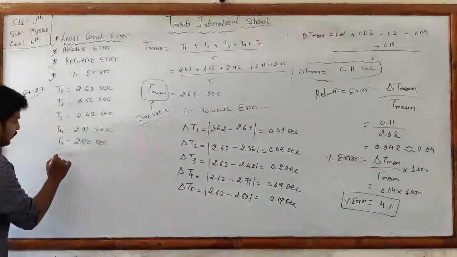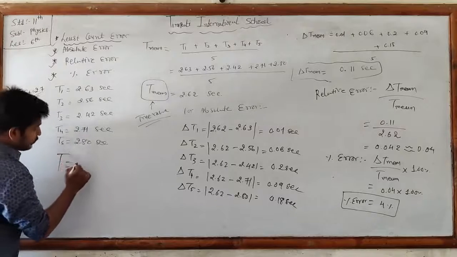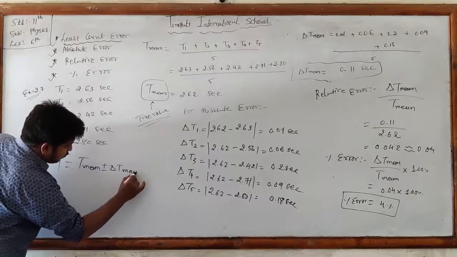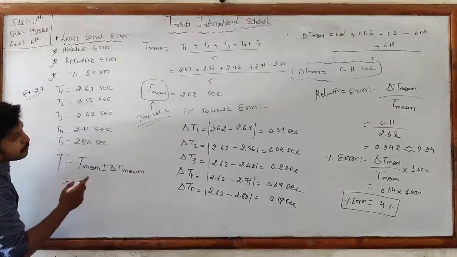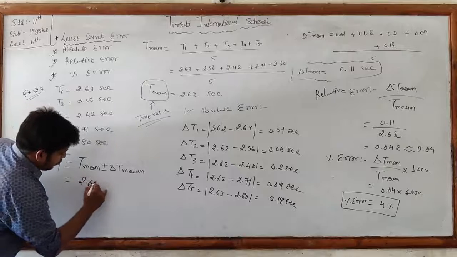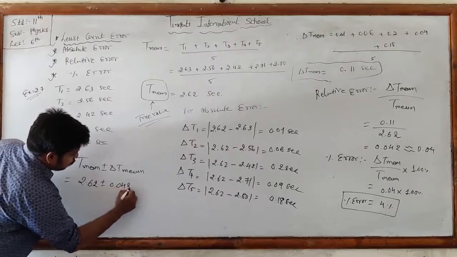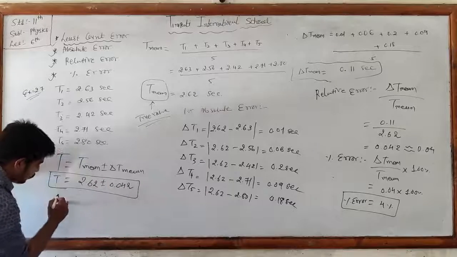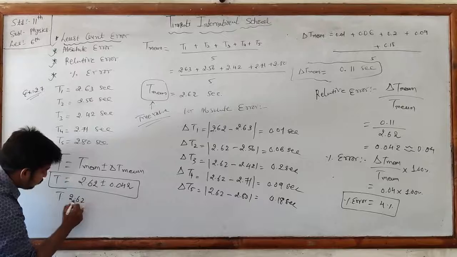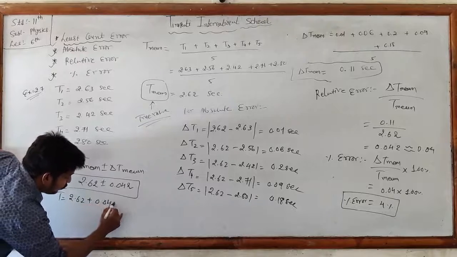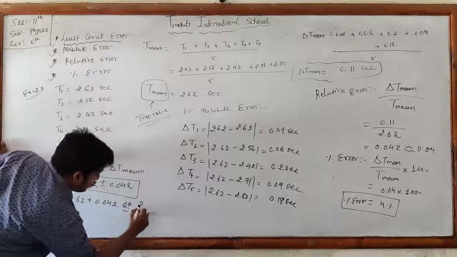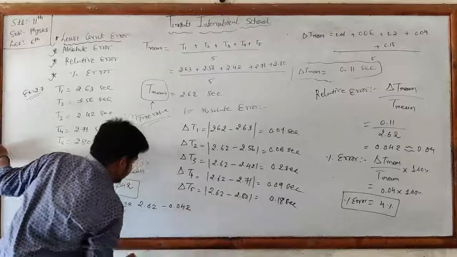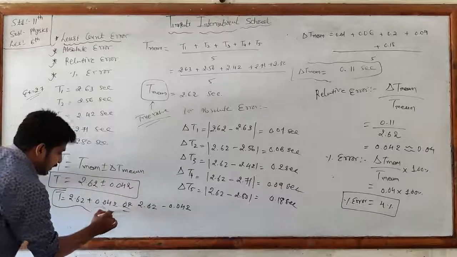You can write the physical quantity T equal to T mean, the true value, plus or minus delta T mean. So your answer will be 2.62 plus or minus 0.042. That is, 2.62 plus 0.042 or 2.62 minus 0.042. That is your value of T.